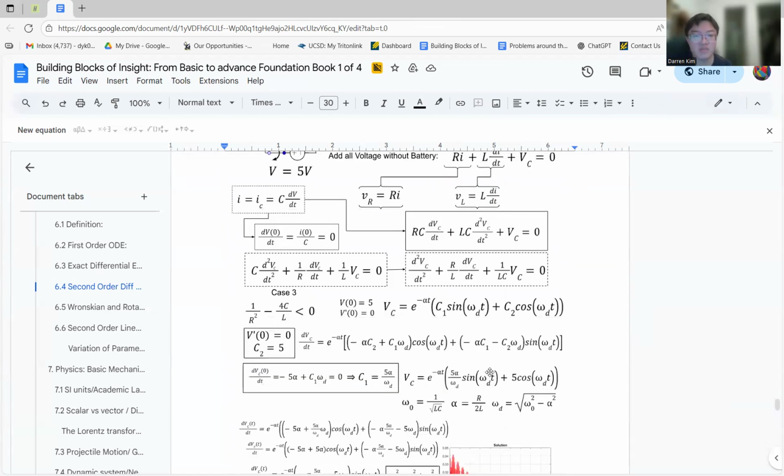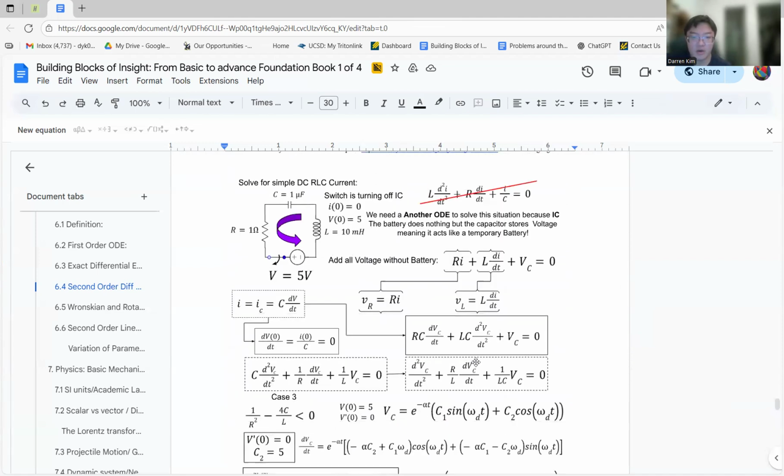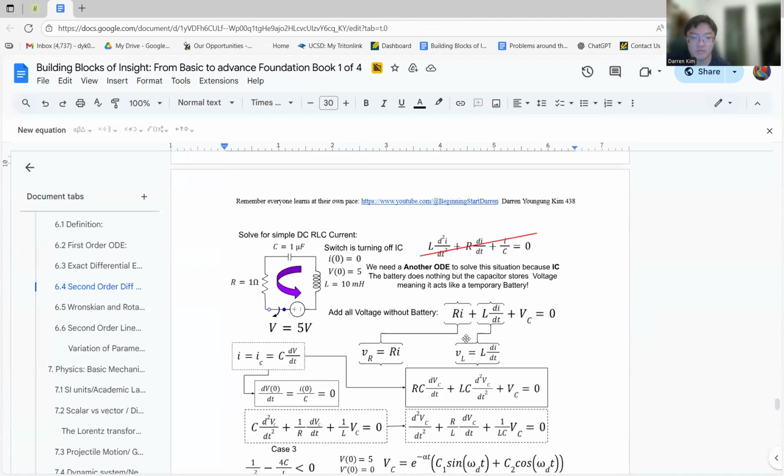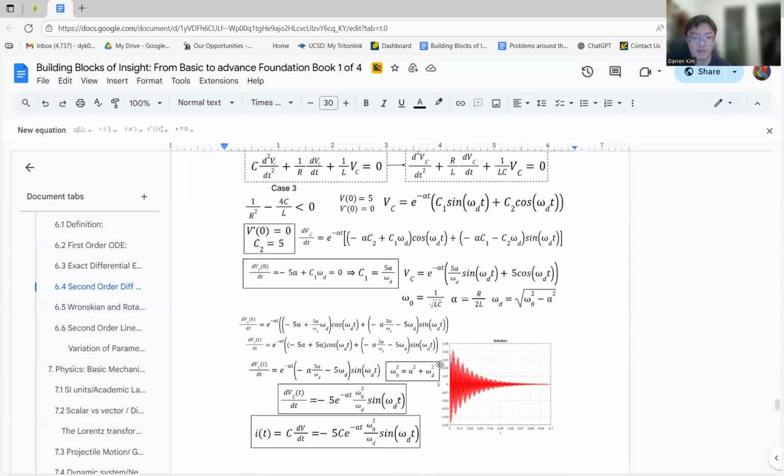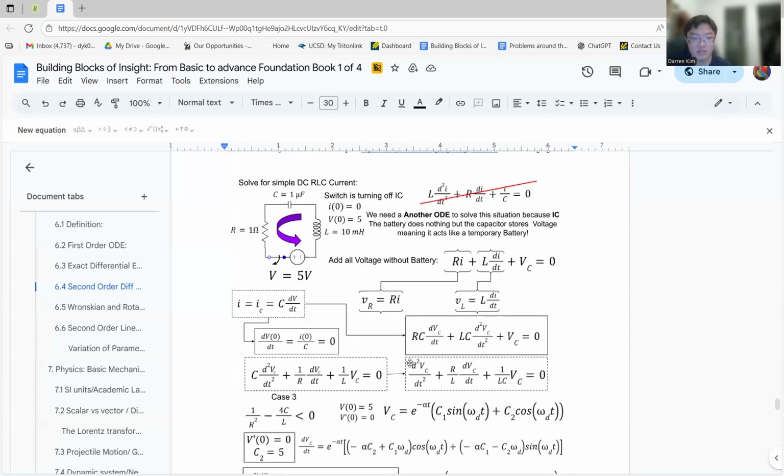Now, this one is definitely more needed, because of how I solved it. This solution has two different types of initial conditions.